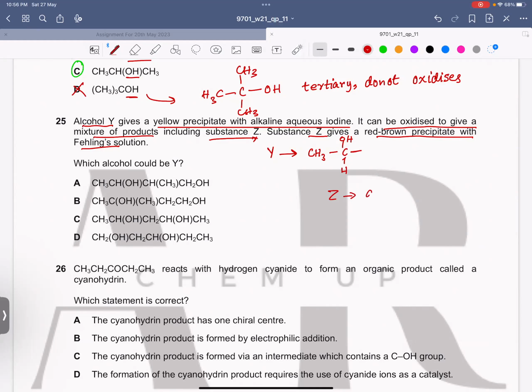And if Z is an aldehyde, then this alcohol must be primary, because a primary alcohol is going to give you an aldehyde. Is this understandable to everyone?